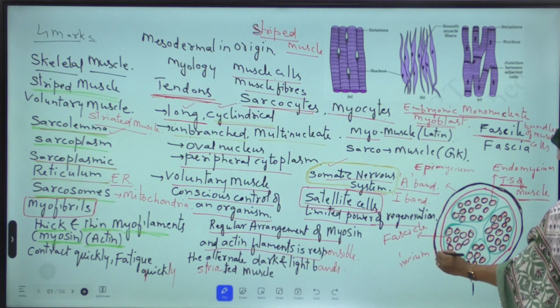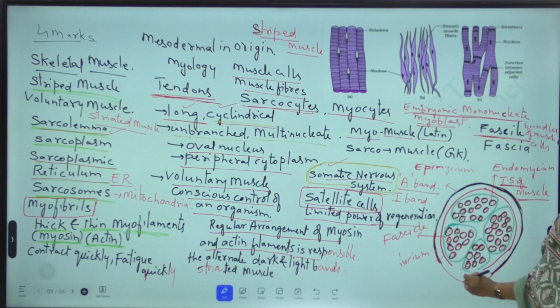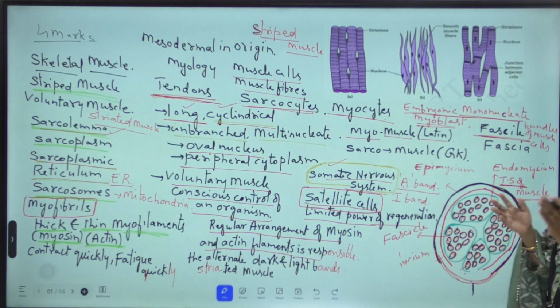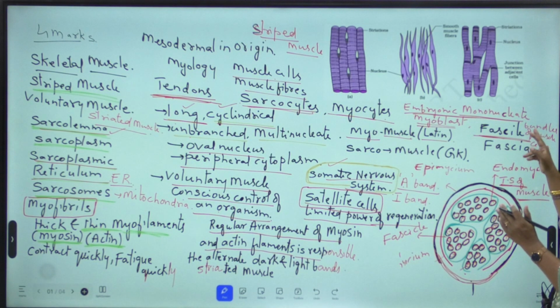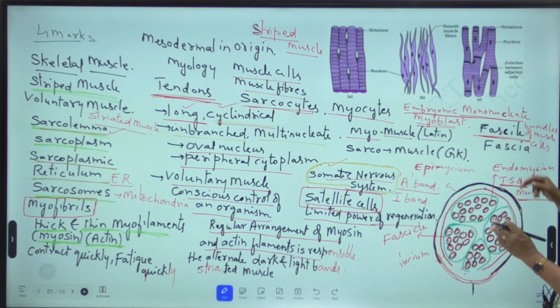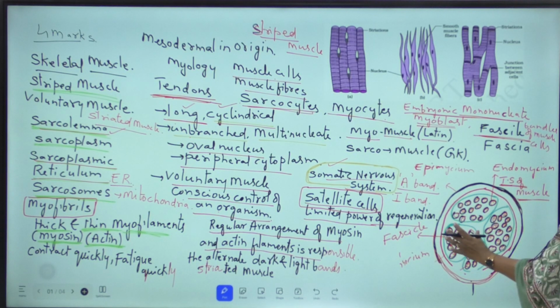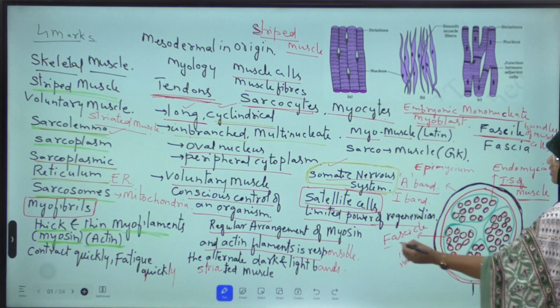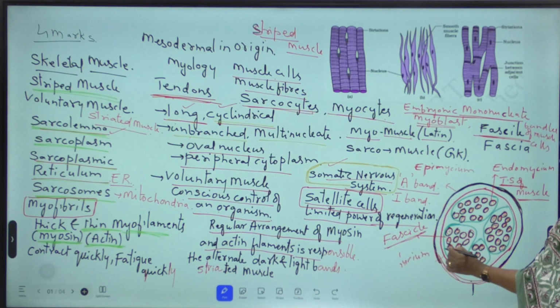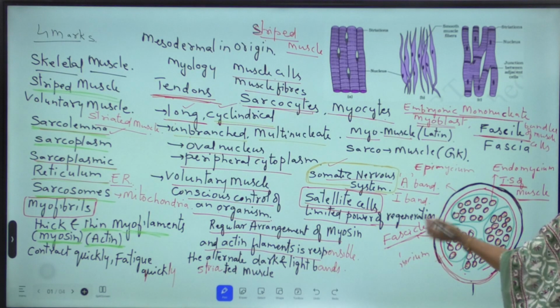Each muscle is made up of many individual muscle cells. These are individual muscle cells. This group of muscle cells, or bundles of muscle cells, are called a fascicle. What is a fascicle? Bundles of muscle cells are called fascicles.